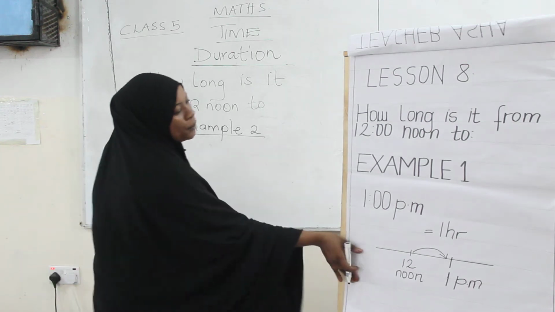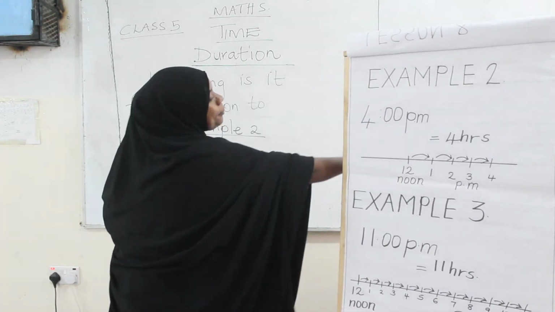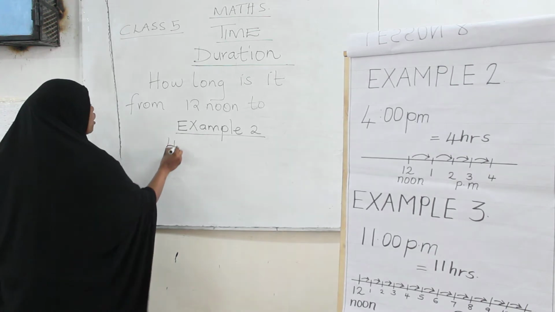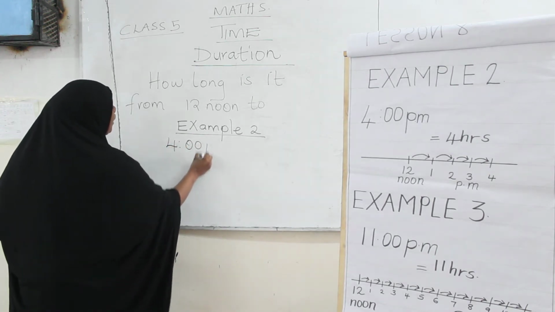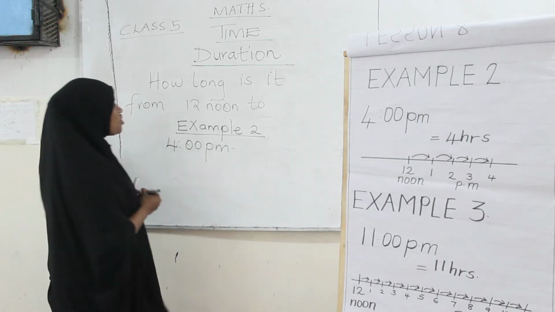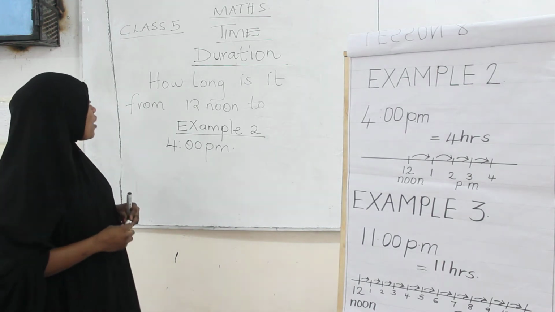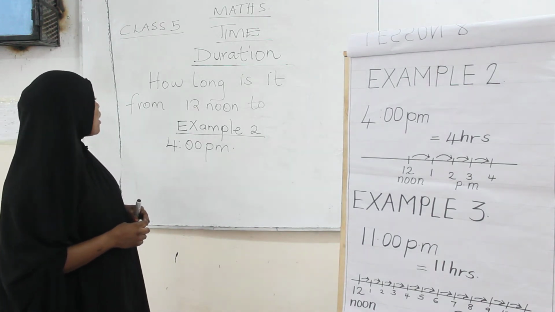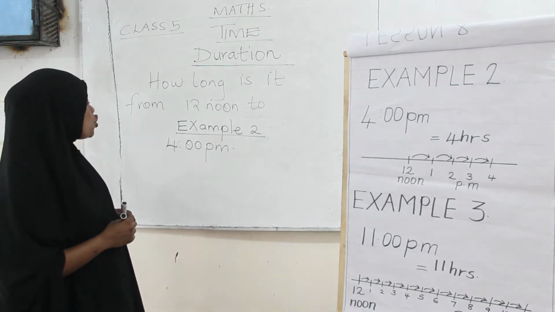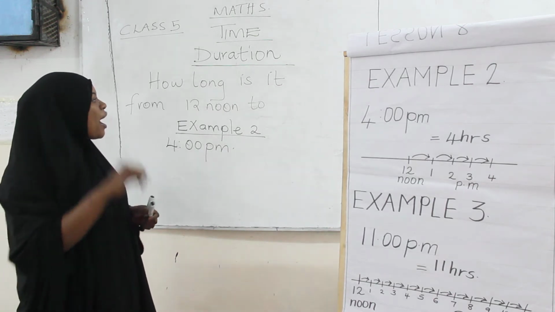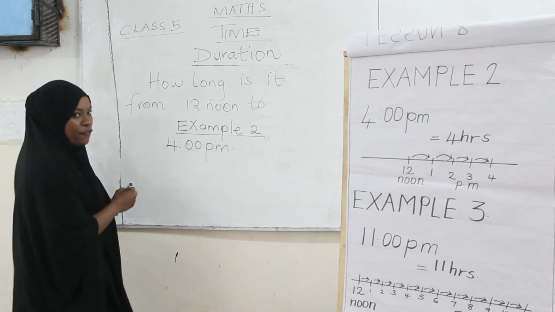In our example 2, the time given is 4 p.m. The question still remains the same: how long is it from 12 noon to 4 p.m.? So our starting time is 12 noon.